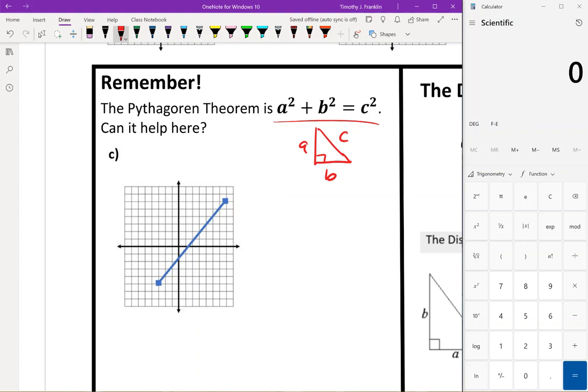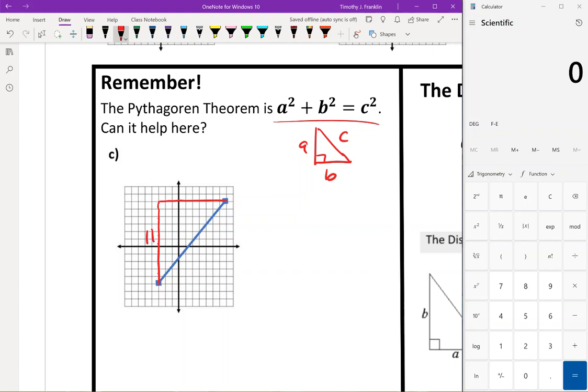So, because our line segment here is a diagonal line, what we can do is imagine the right triangle formed if we draw in those straight lines out from the endpoints. And we can count those. 1, 2, 3, 4, 5, 6, 7, 8, 9, 10, 11.